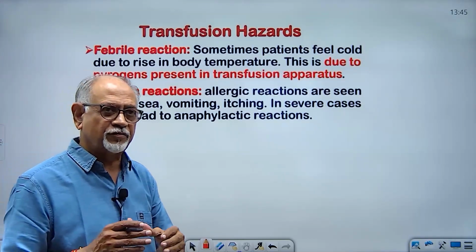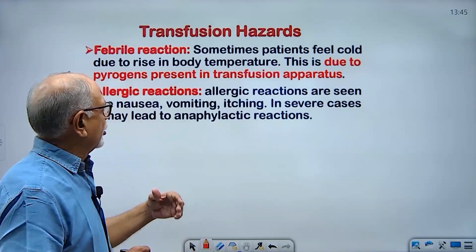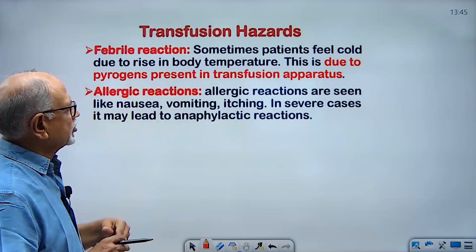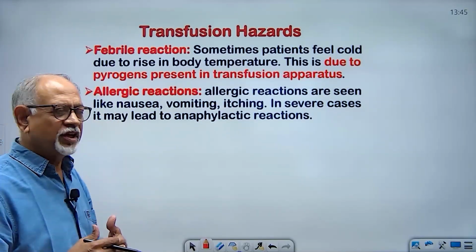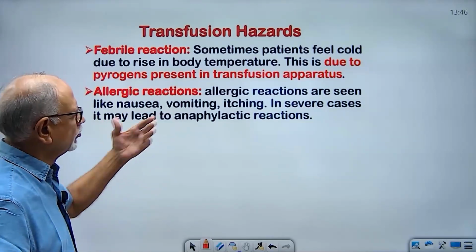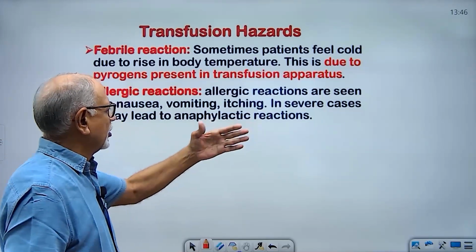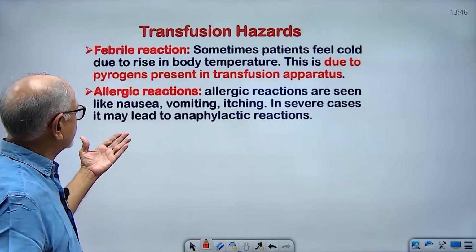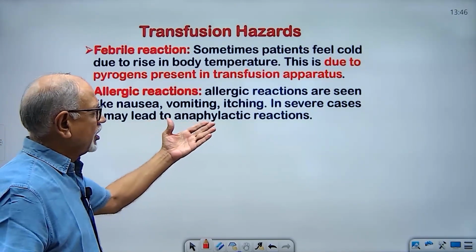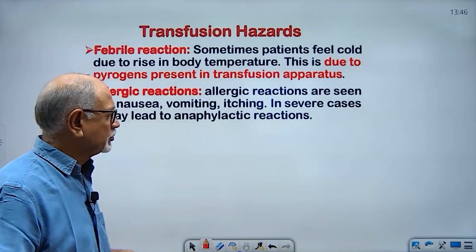It is called transfusion apparatus. Then allergic reactions. Some allergic reactions are seen in some cases like nausea, vomiting, itching. Sometimes severe cases are seen which may lead to anaphylactic reactions.